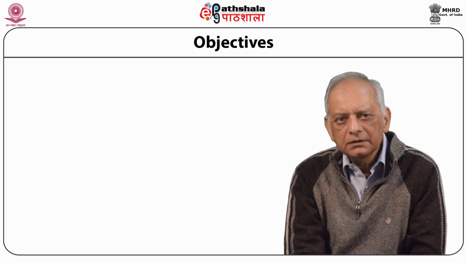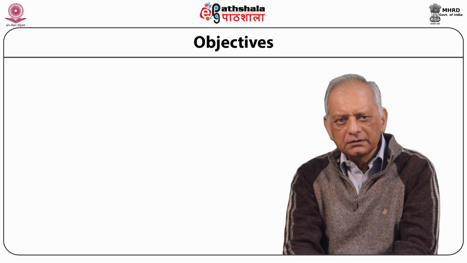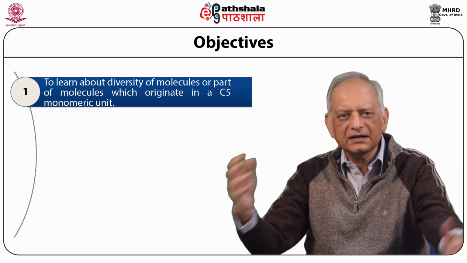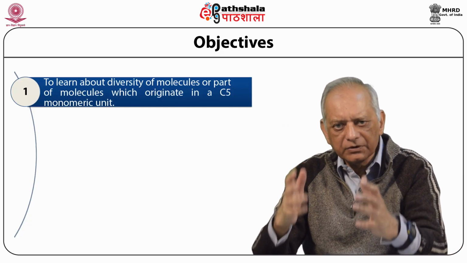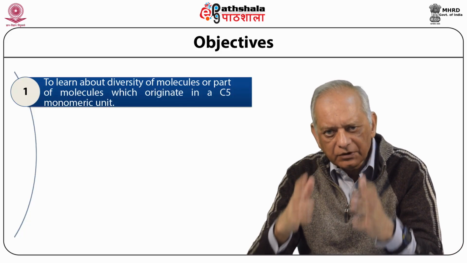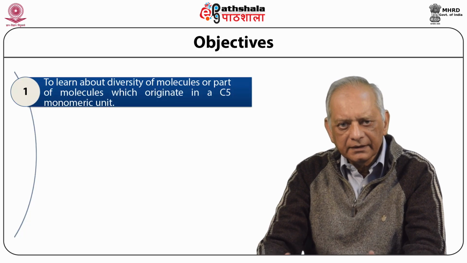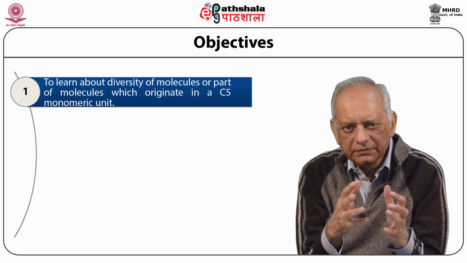In this chapter, we will discuss carotenoids and terpenoids in detail. So the objective of this module is to learn about how so many different kinds of molecules, or important components of other molecules, are derived from a C5 monomeric unit.